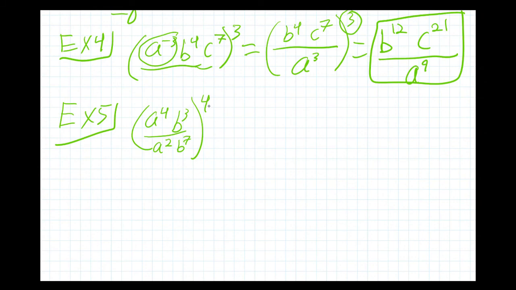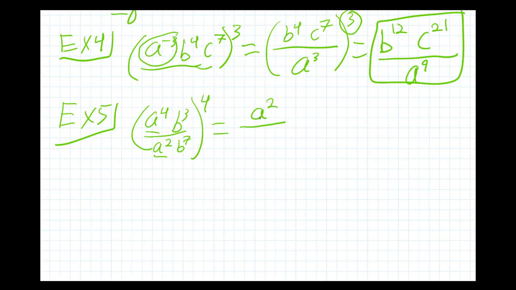Well, we need to simplify everything inside our parentheses first to make our lives a little easier. So first, a to the 4th over a to the 2nd, that's a to the 4 minus 2 power. So that is becoming a squared up top.